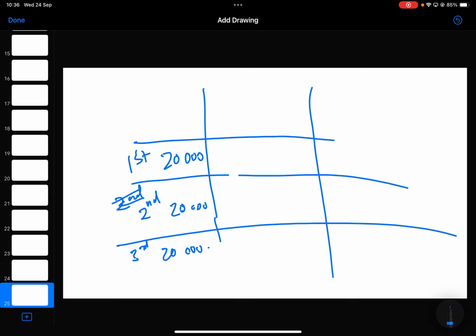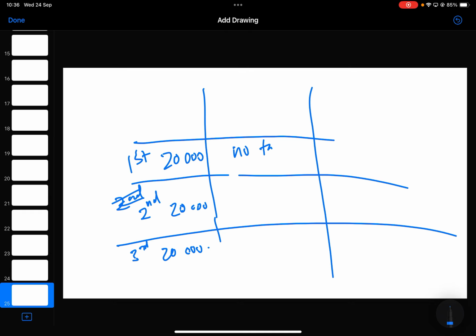Because our government or most countries, they practice progressive taxing, meaning the more I earn, the more percentage I pay as income tax. Okay? So maybe the first 20,000 is no need tax one.